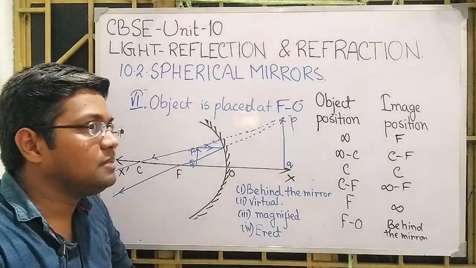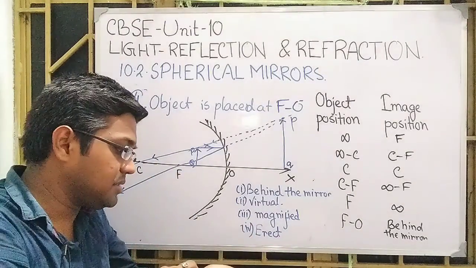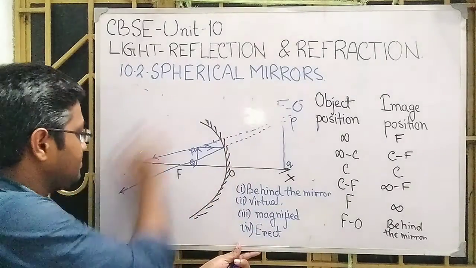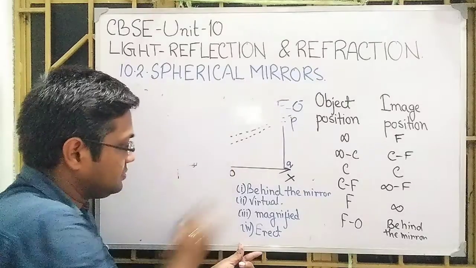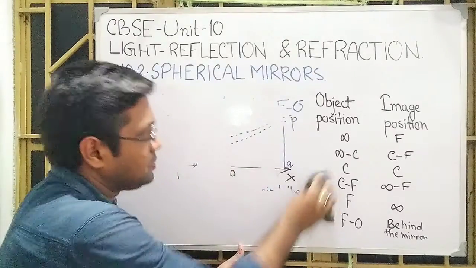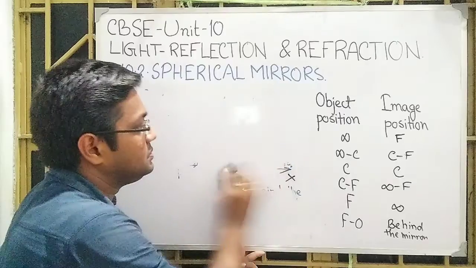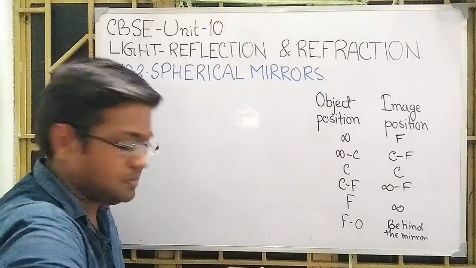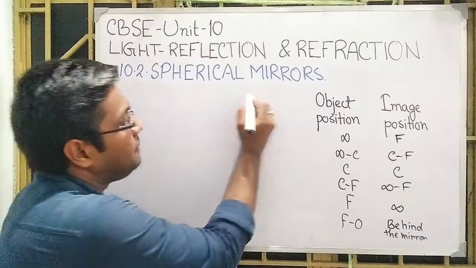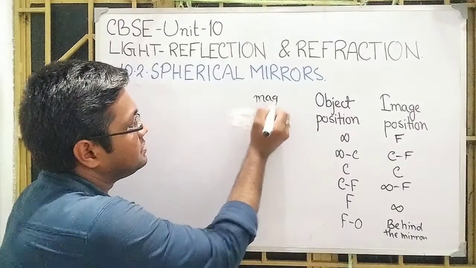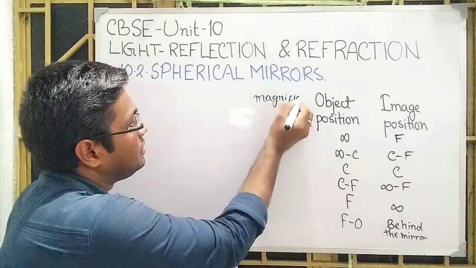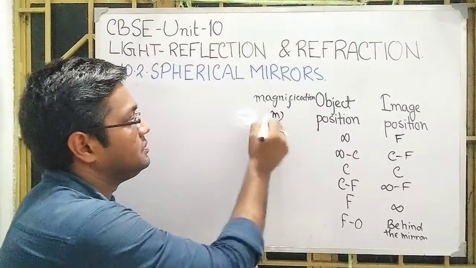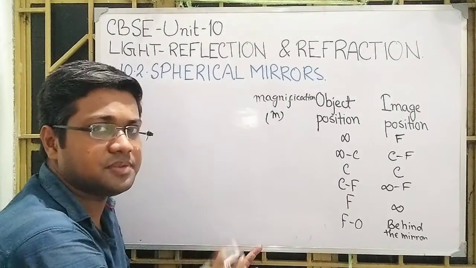Okay, but I want to add one column there to make it complete. That is, the column is magnification. That is the aim. So let us discuss from the first.